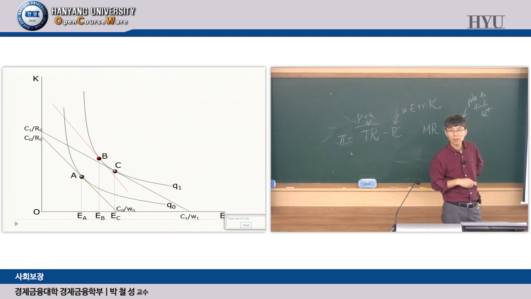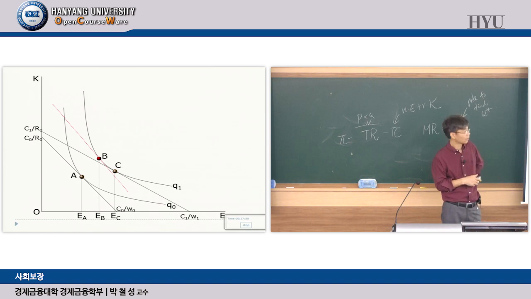First assume that they produce more, hypothetically, under the same wage and rent, so under the same ratio. In this case, they produce Q1 at the same ratio. So we have a hypothetical isocost line that is parallel to the old one, but producing Q1.